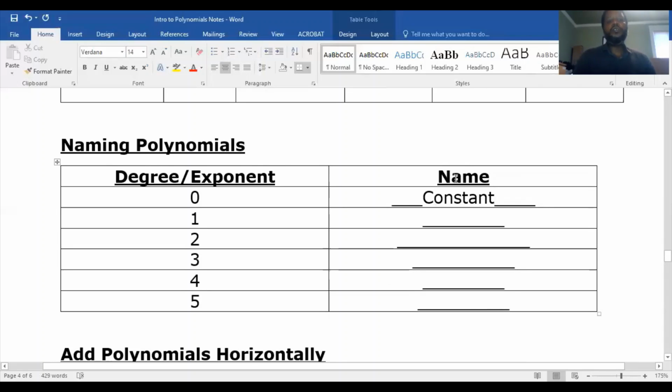So if it's no degree or no variable, we call it just a constant. If we have just the variable, the exponent is 1, and so that is known as a linear polynomial. It's just linear.